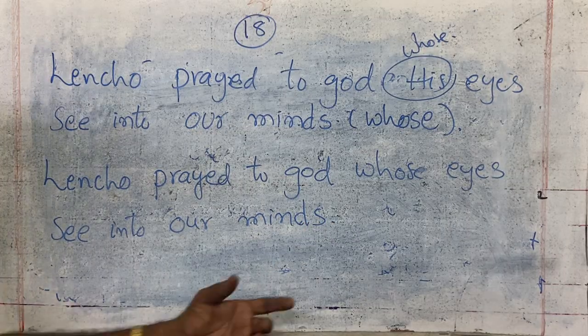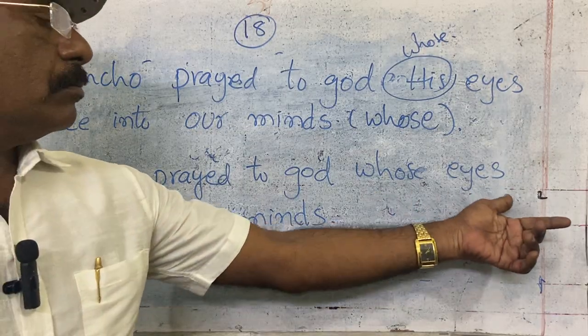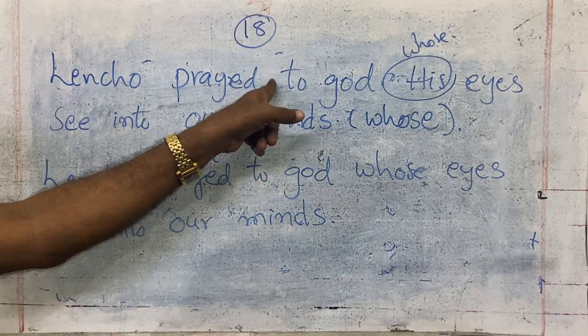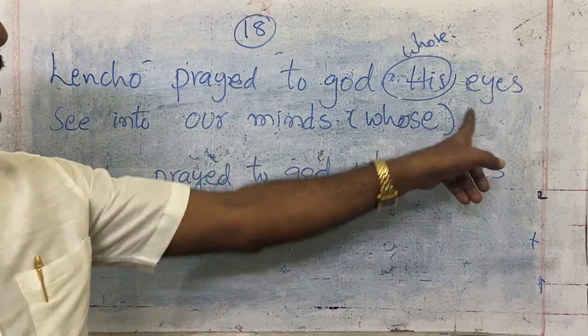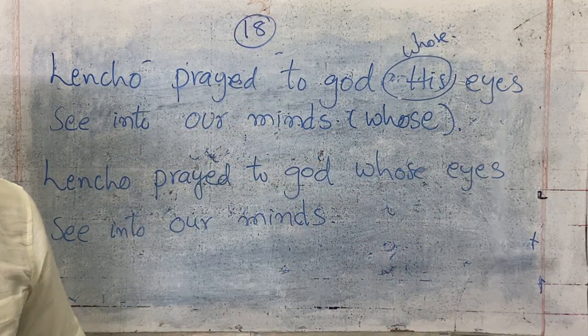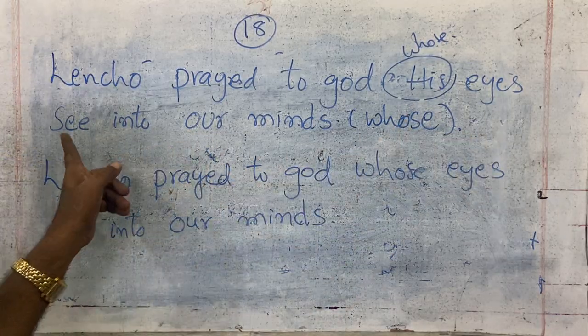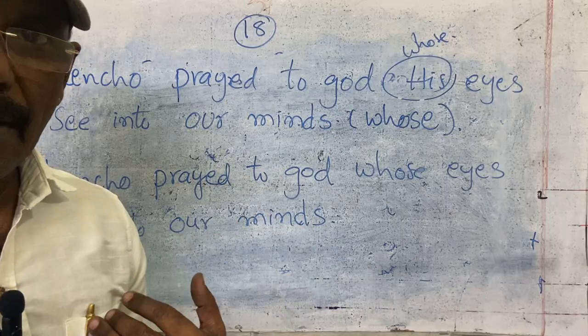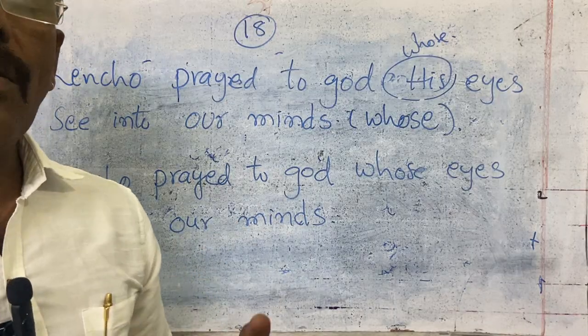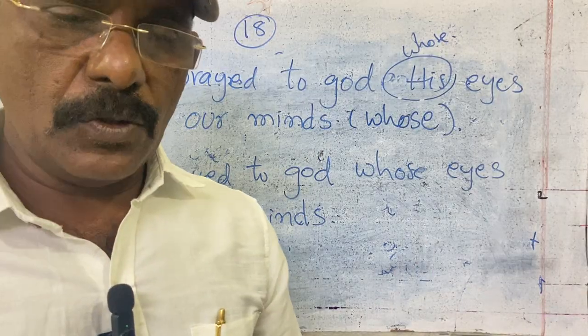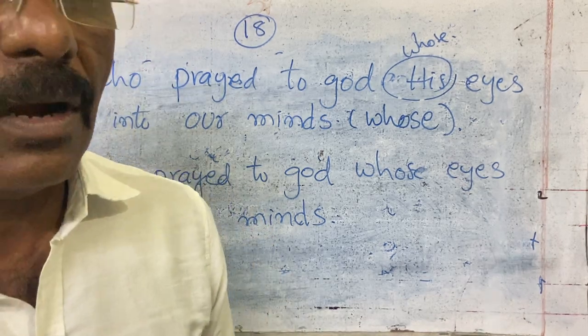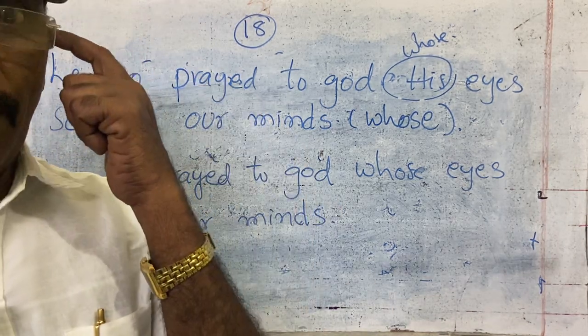Actually, previously we have taken the whose relative clause here itself, but here we are using it as it is. Why? Because first the meaning: his eyes see into our minds. That means after looking at the faith of Lencho, that much belief in God, now we are thinking about him.